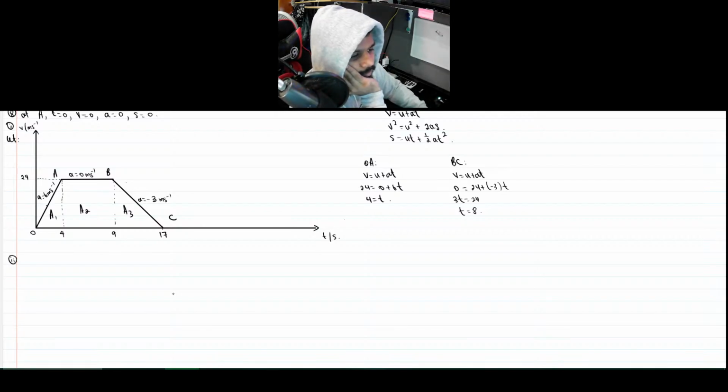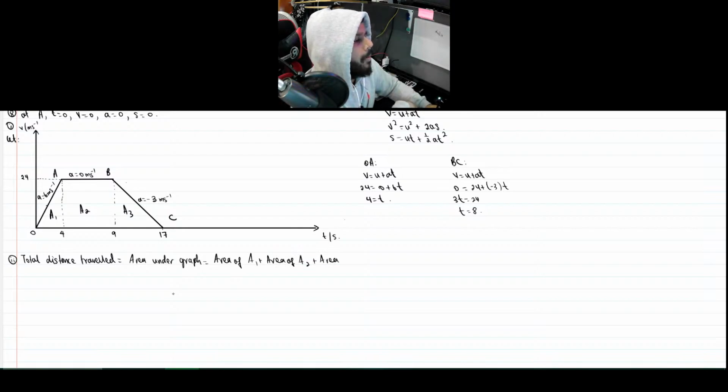So the total distance traveled is the area under the graph, which is the area of A1 plus the area of A2 plus the area of A3.